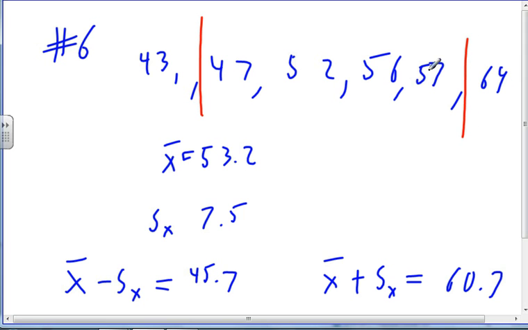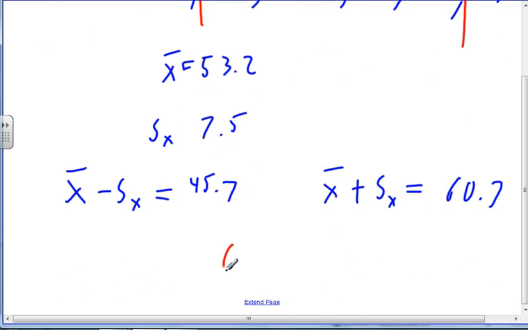I've got 2 out and 1, 2, 3, 4, 5, 6 in. So I've got 6 in, and what's 4 of 6? That's 2/3. 66%. Is that plus 66.6%, right?